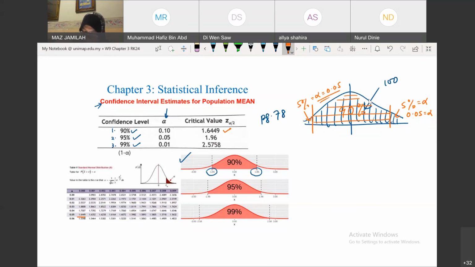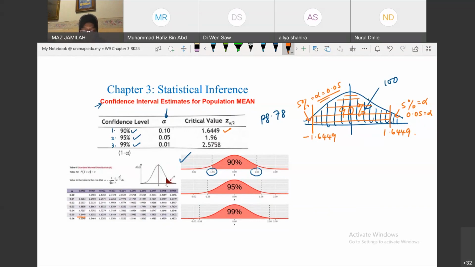Okay, critical value. Where is the critical value? Negative 1.6449 and 1.6449. Understood, class? Class, are you all okay? Yes, doctor. Okay.